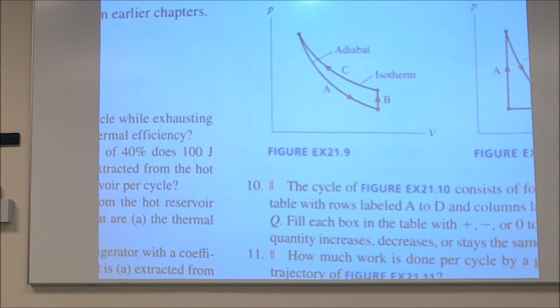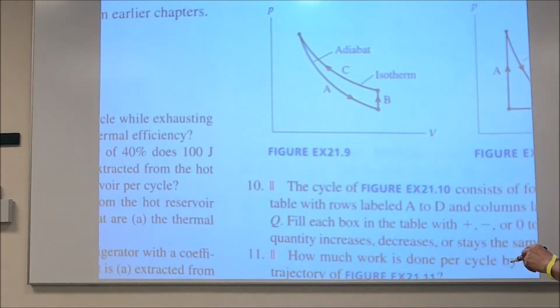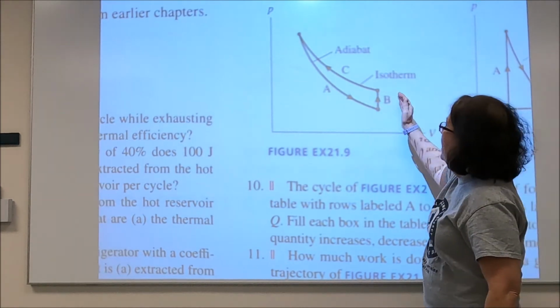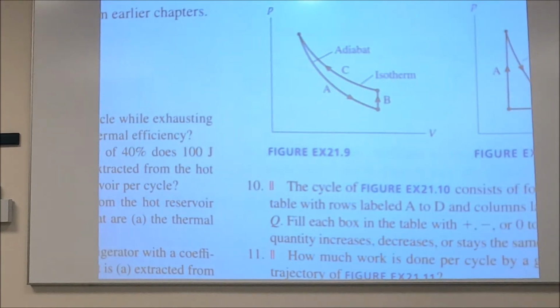So work WS is positive. If I look at C, now it's a compression. Because it's a compression, work external from the point of view of the system is positive, WS is negative. So in A, energy is coming out, and in C, energy is being put back in.